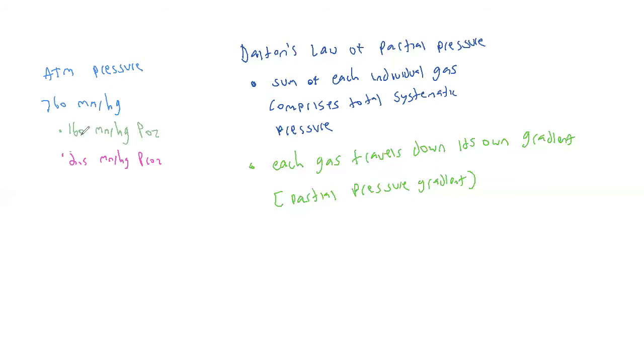The rest is going to be comprised of non-reactive nitrogen gas and water vapor. Water vapor is actually a gas that contributes to atmospheric pressure. So let's go ahead and look at this here.